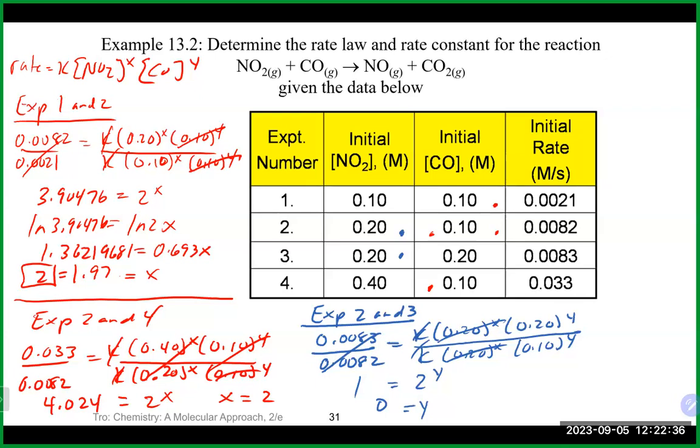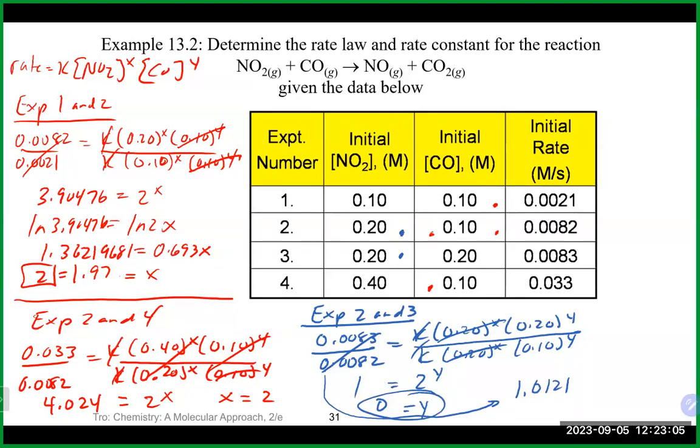And again, if you didn't do a little bit of rounding there, you would have got 1.0121. You could have taken the natural log of it and divided it by the natural log of 2, and you get basically 0.017, which is basically 0 if you round it to the whole number.